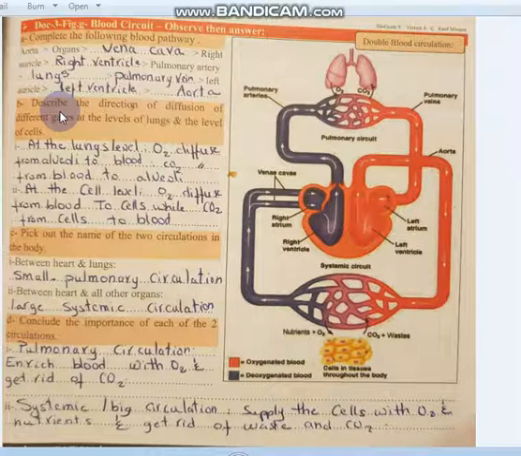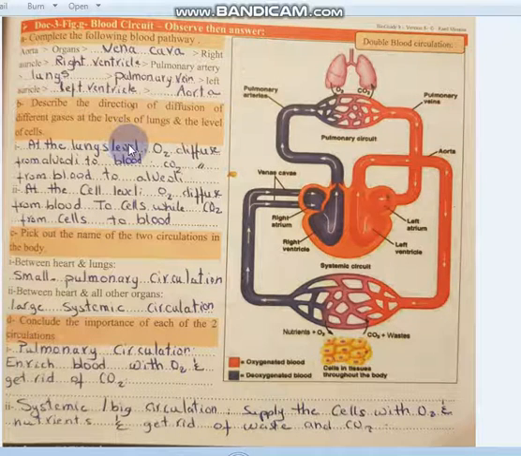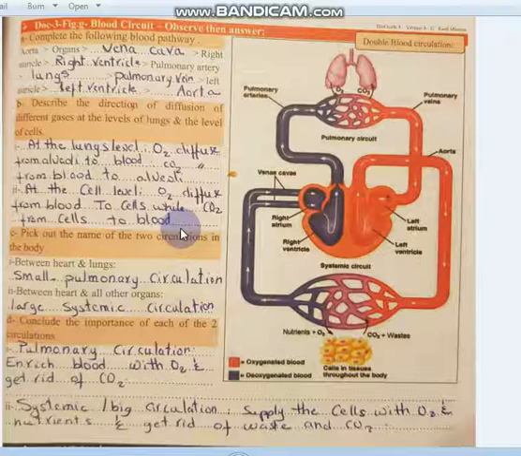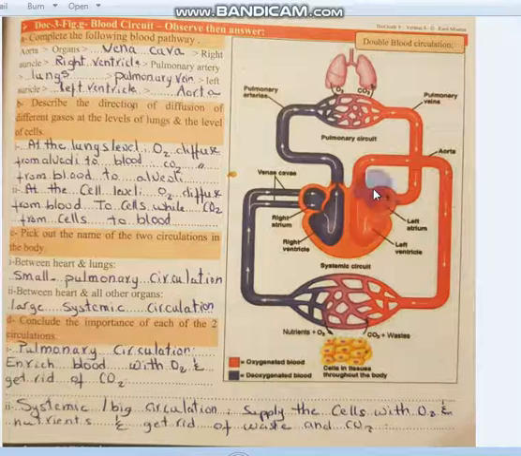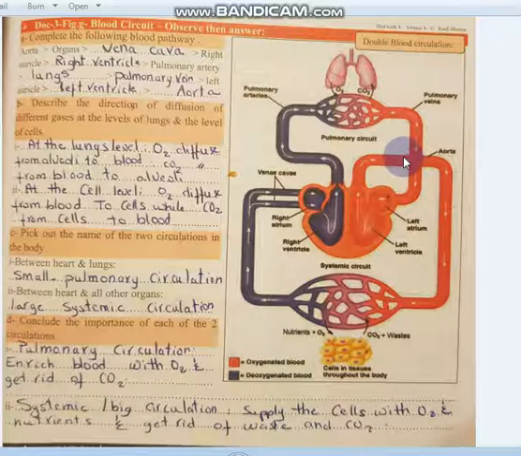B. Describe the direction of diffusion of different gases at the level of the lungs and the level of the cell. Let's see what the gas exchanges are at the level of the lungs and at the level of the cells. At the level of the lungs, the O2 diffuses from the alveoli to the blood, of course. So the O2 crosses from the alveoli to the pulmonary veins.